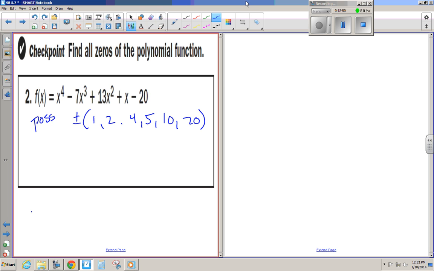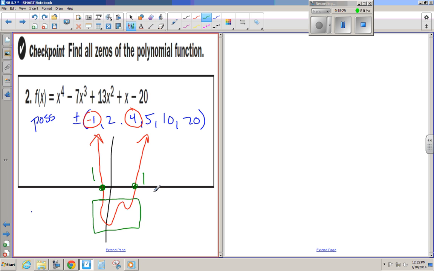When I graph it, it's going to look like it goes through negative 1, 4. Like I said, the graph's going to come down through here. It's going to do this weird squiggly thing, like that. So, going back to the original thing, this right here, 1. This one right here, 1, 0. These little squigglies that don't cross the axis are imaginary.